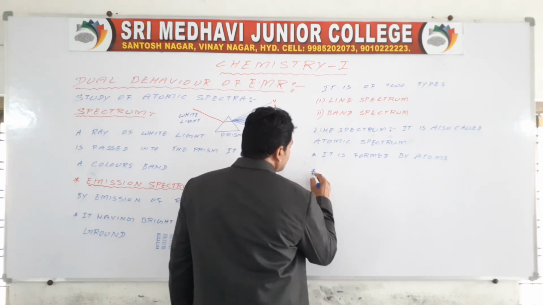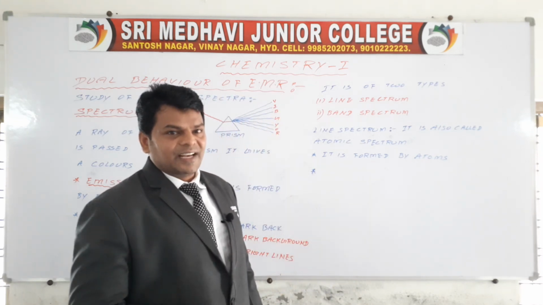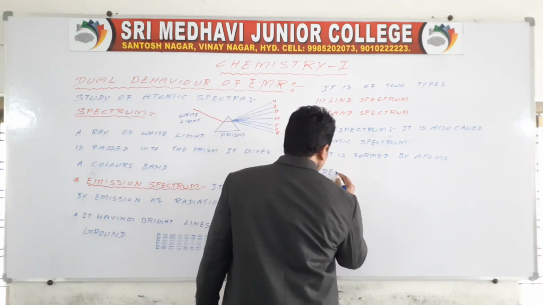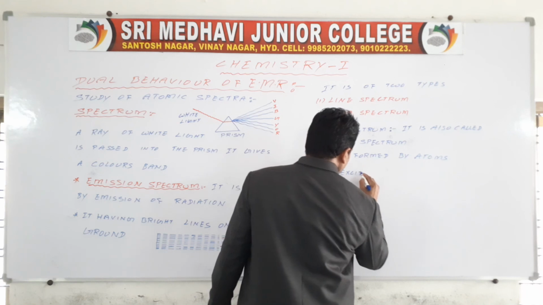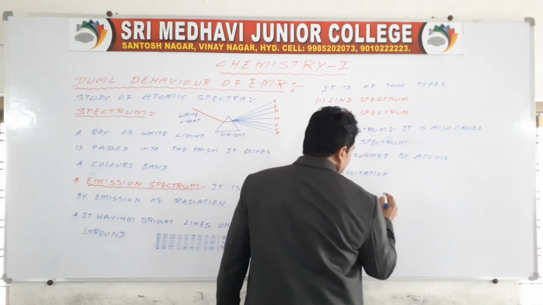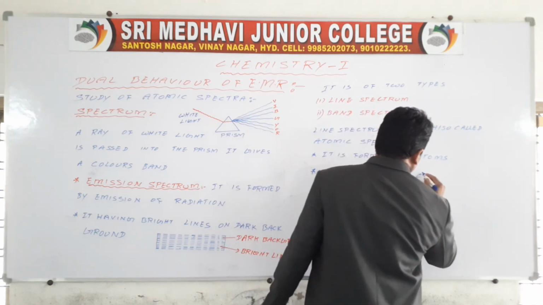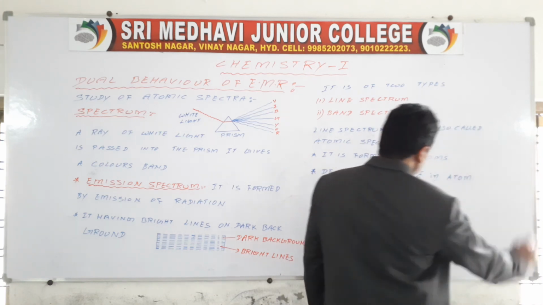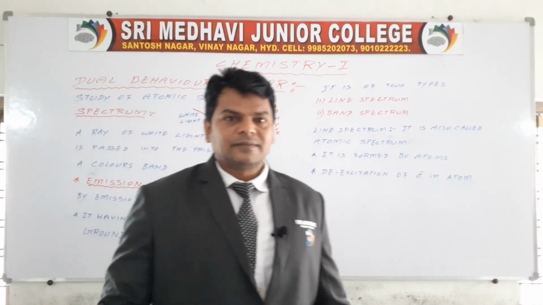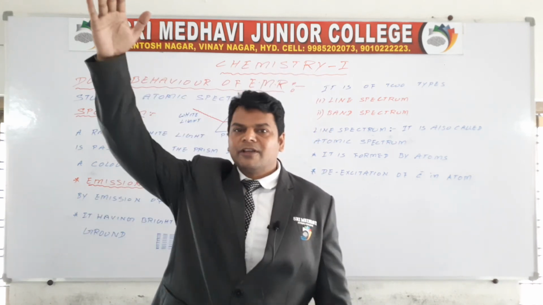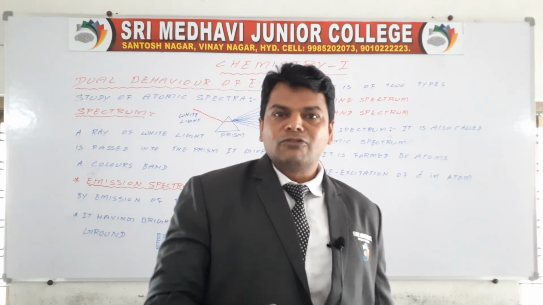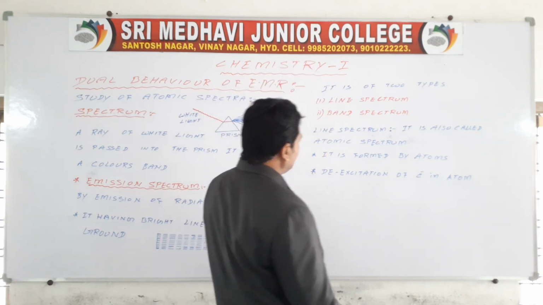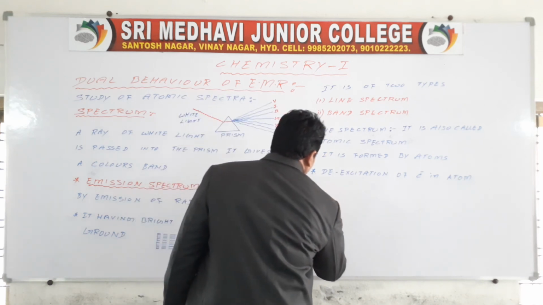How is it formed? By de-excitation of electrons in an atom. De-excitation means absorbing energy and going to an excited state, and when the electrons come back to the ground state, that is de-excitation of electrons.